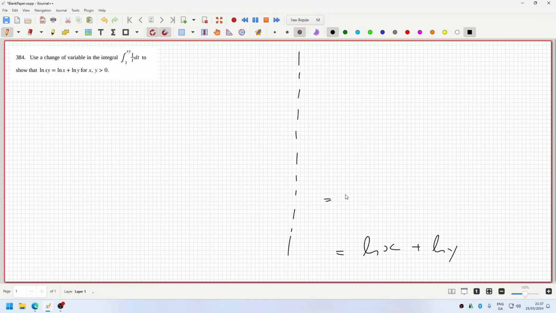So the previous line would have been the integral from 1 to x of 1 over t dt plus the integral from 1 to y of 1 over t dt. Now, how would they have split though?